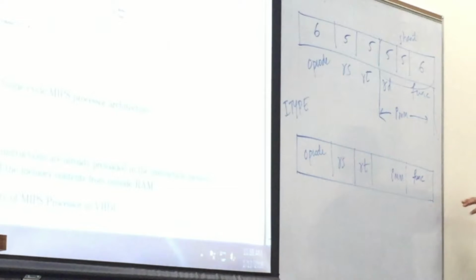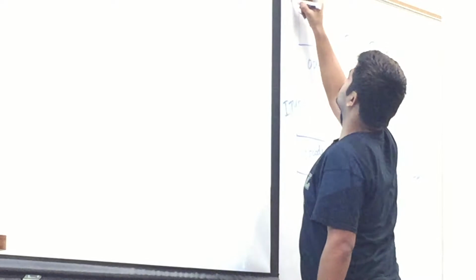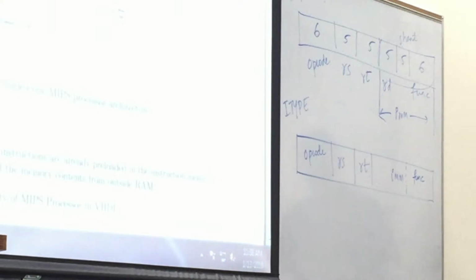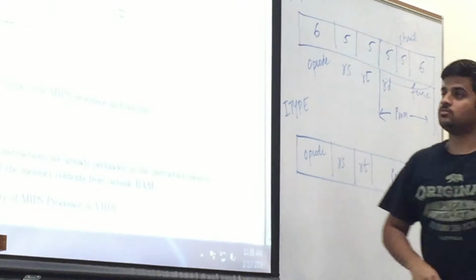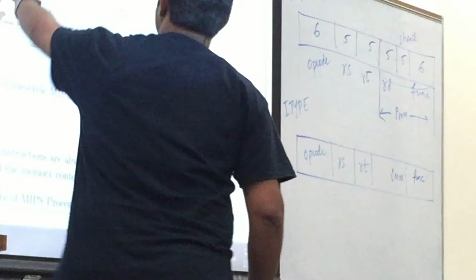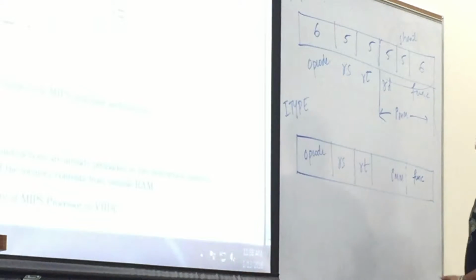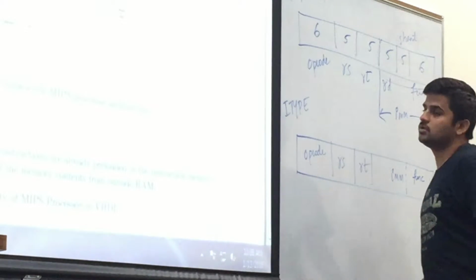So the difference between this is R type. For R type, this you're registered, right? So you have RS. I'll explain your register first, then you will be able to understand that.